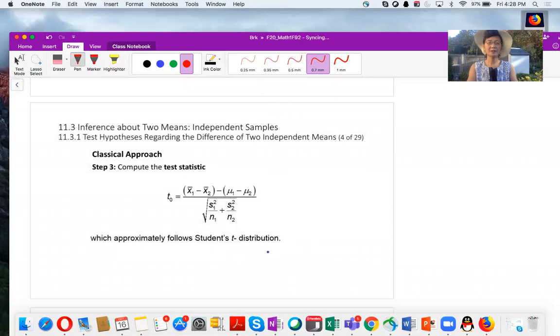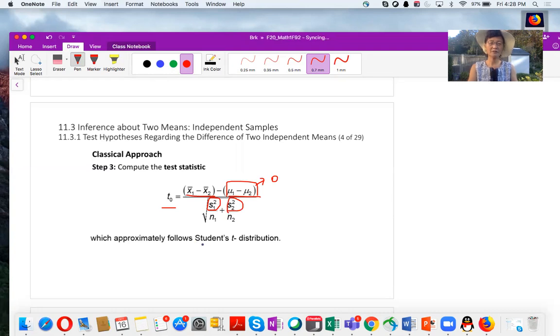In step 3, we usually calculate the test statistic, and this is the formula for the test statistic. Take the difference of sample means minus the difference of population means, and this one usually is 0, usually, not always. Then divide by the square root of sample 1 variance over N1 plus sample 2 variance over N2.